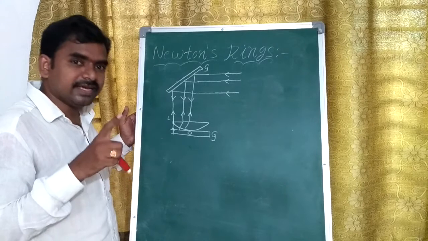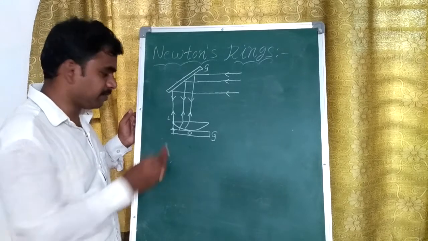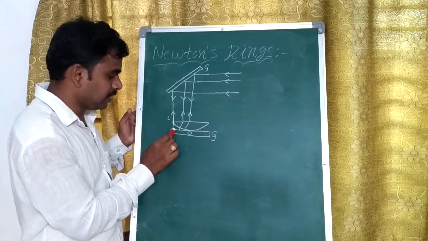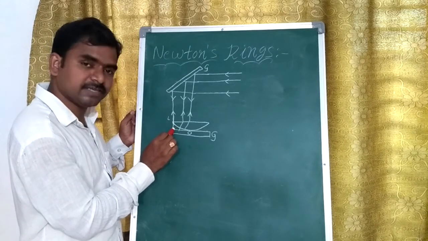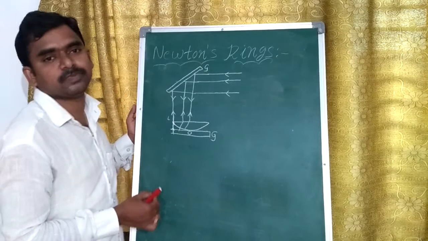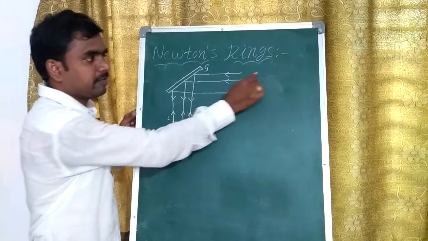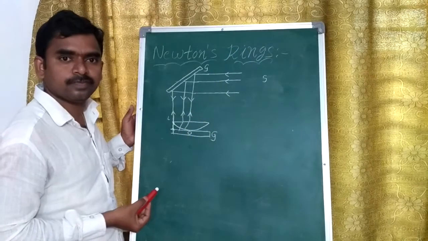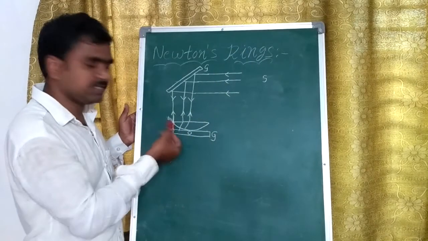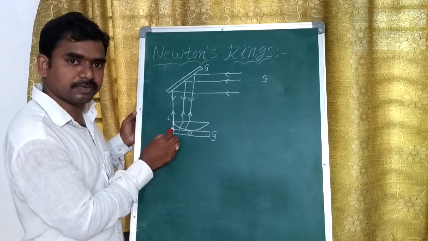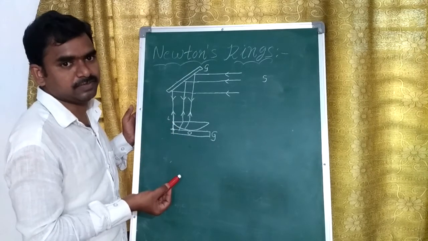Now, the rays reflected from the upper surface of the air film and the lower surface of the air film will participate in the interference. These two are coming from the same source, so these are coherent sources. When coherent sources participate in the superposition, interference is observed.